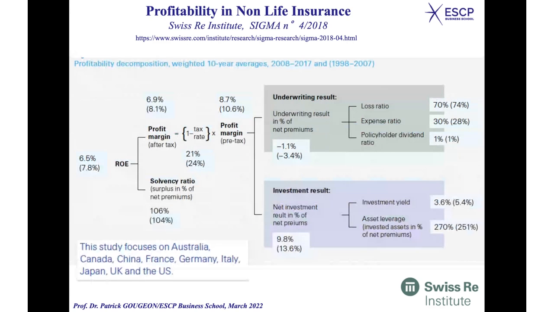So here you have a graph which provides a synthesis of what we've said concerning the origin of the return on equity for shareholders. You have an underwriting result, and as you can see in the block, this underwriting result is negative.